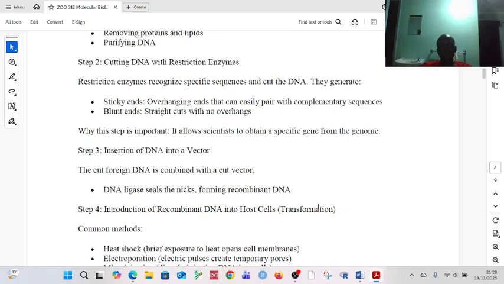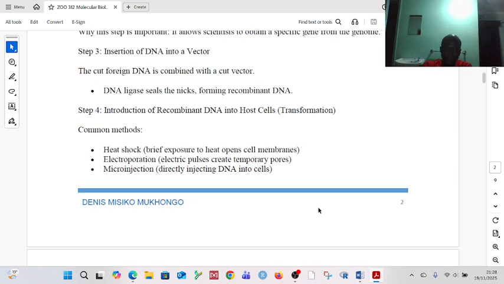The next thing now, we need to use the vector as a mode of transport. Itusaidie sasa kuingiza our gene of interest into the host cell. So that is what we call transformation. The common methods through which the vector together with the gene of interest can be introduced into the host cell include using heat shock.